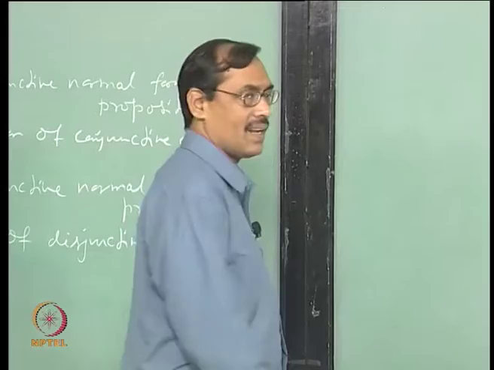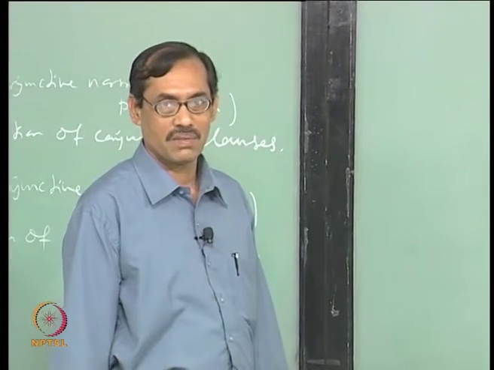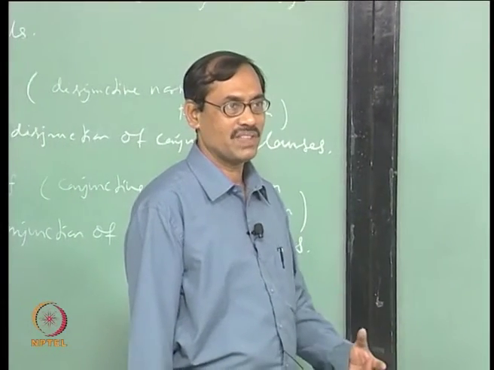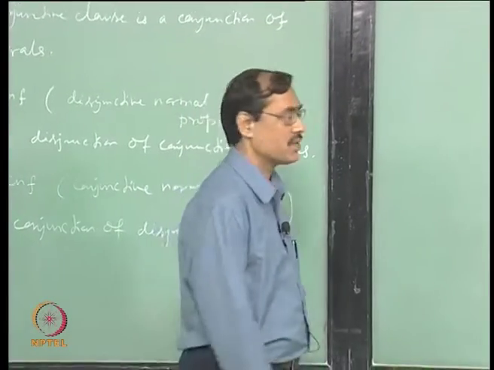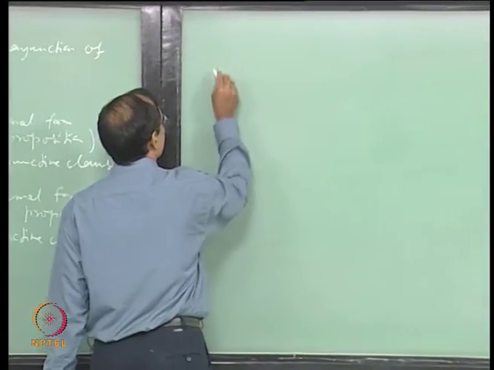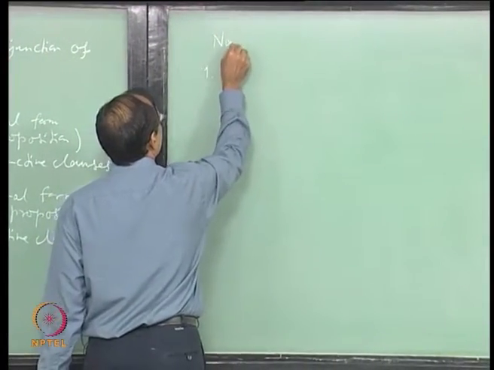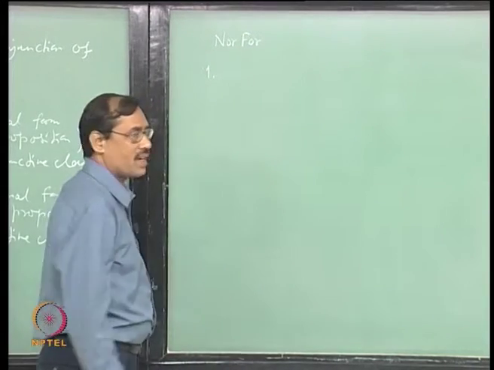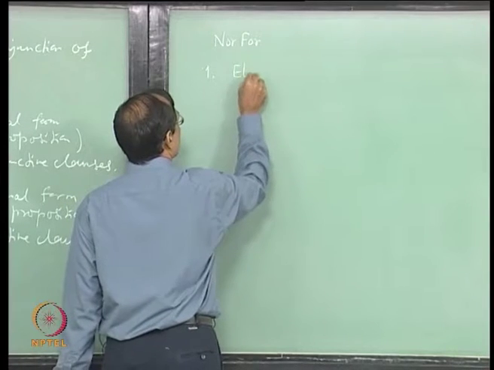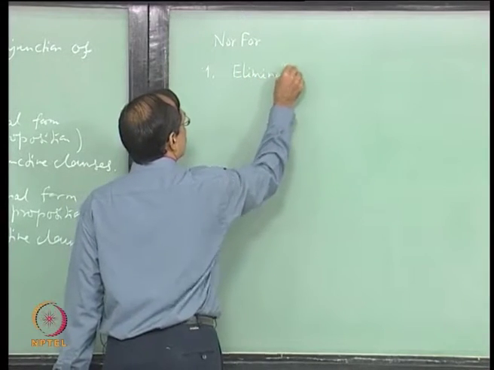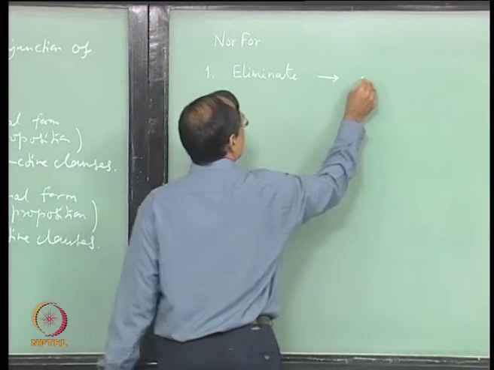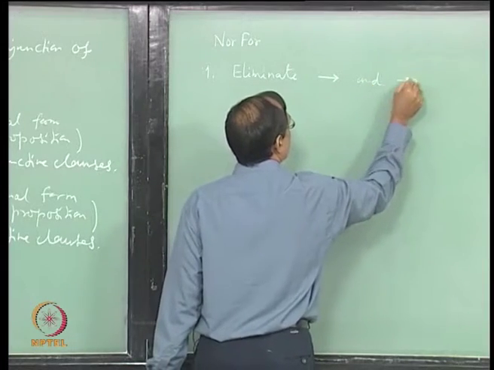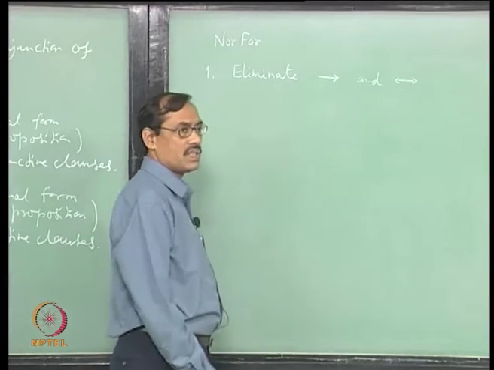So, if you write an algorithm for this normal form conversion, it would first proceed with eliminating these two connectives, fine. So, first step in the algorithm, let us call it normal form conversion. So, there we should first eliminate this and this by using the laws.